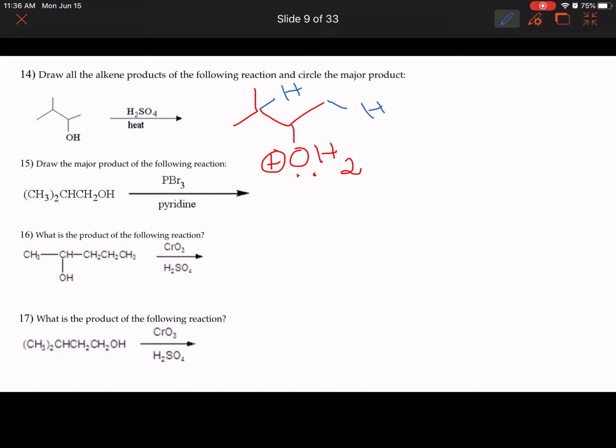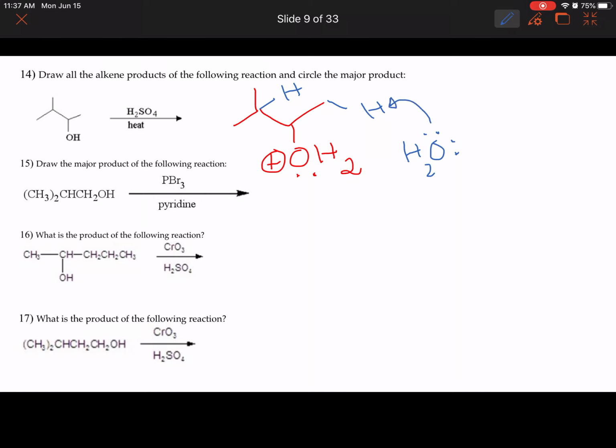All the alkene products. So one of the alkene products is going to be formed by the water molecule from the sulfuric acid. Remember, when you say sulfuric acid, even the highest concentrated sulfuric acid has plenty of water molecules in it, not just H2SO4. Okay, so the water can act as a base.